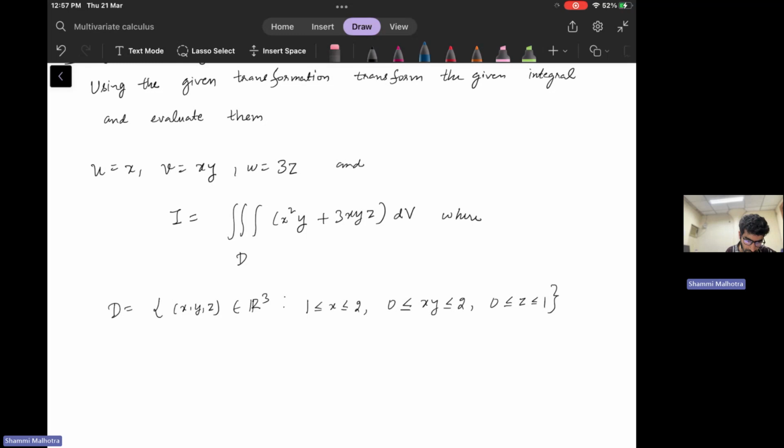So here my function is given as x square y plus 3xyz.